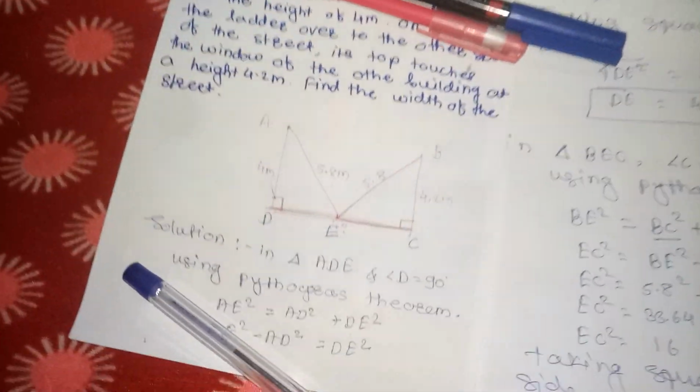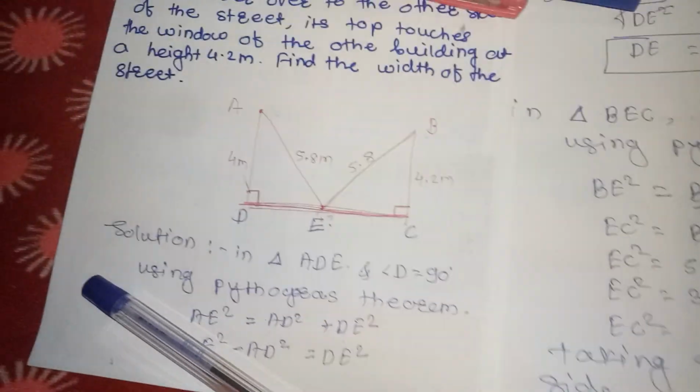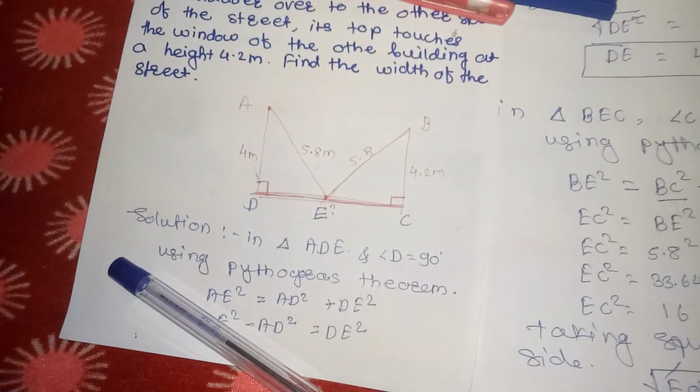EC is equal to under root of 16 is 4. We got the value of EC. Then we want the total length, that's why we have to do the addition of DE plus EC. Then we can get the length of street.